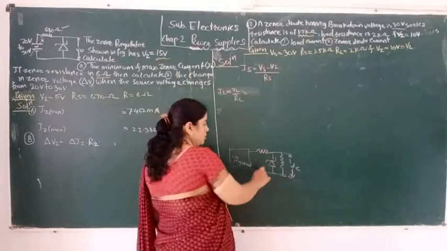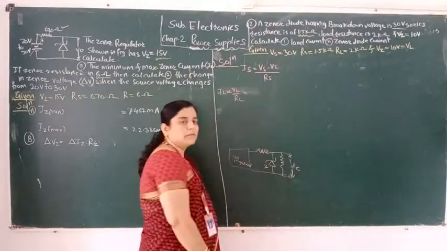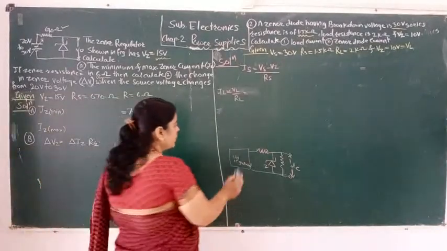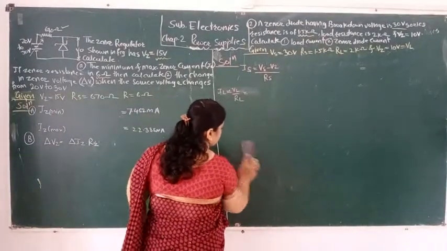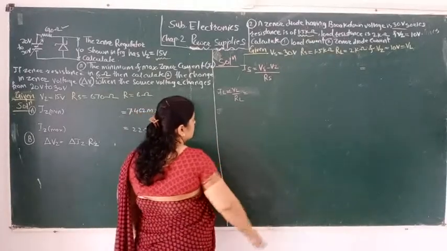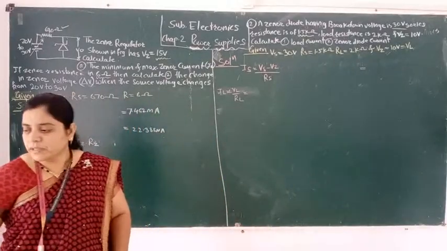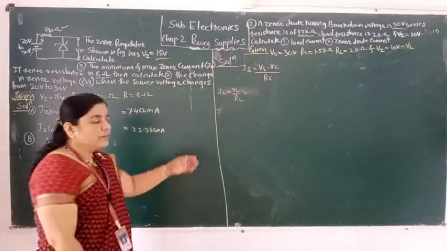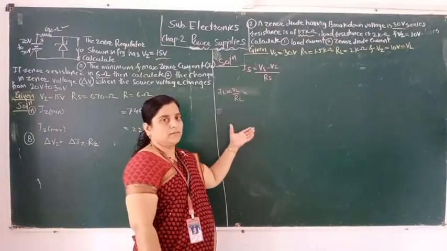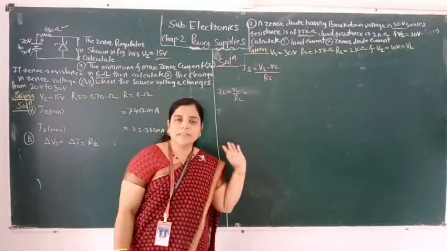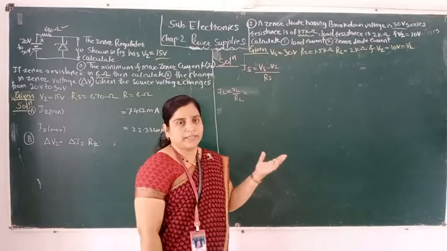This Zener diode works in reverse bias, which we saw in the last lecture. In the last lecture we saw the expression for the Zener diode as a voltage regulator, and from it we saw the examples.